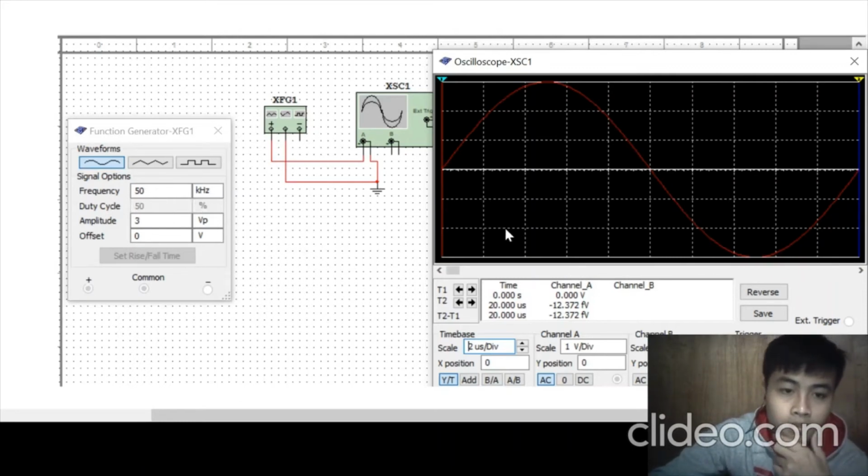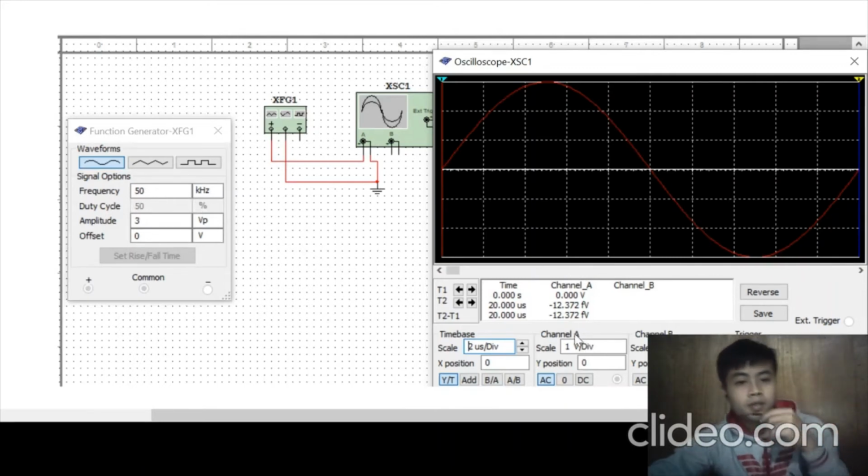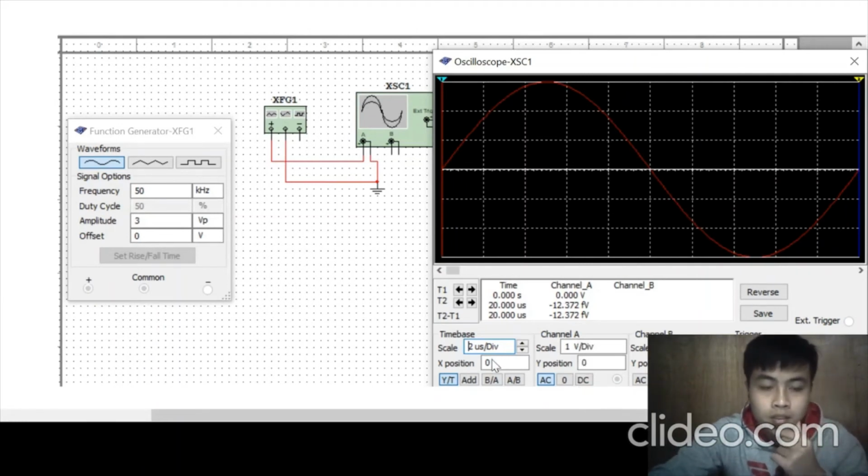Okay, that is how I determine the voltage peak to peak and the period for this one full cycle. Okay, that's all from me. Thank you.